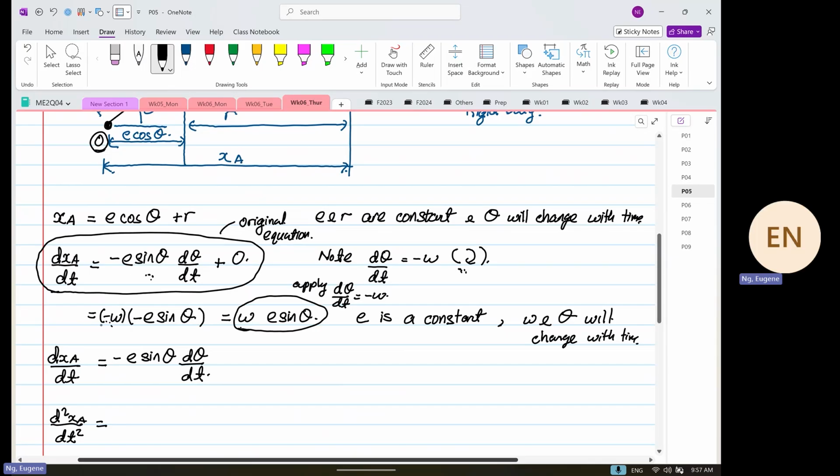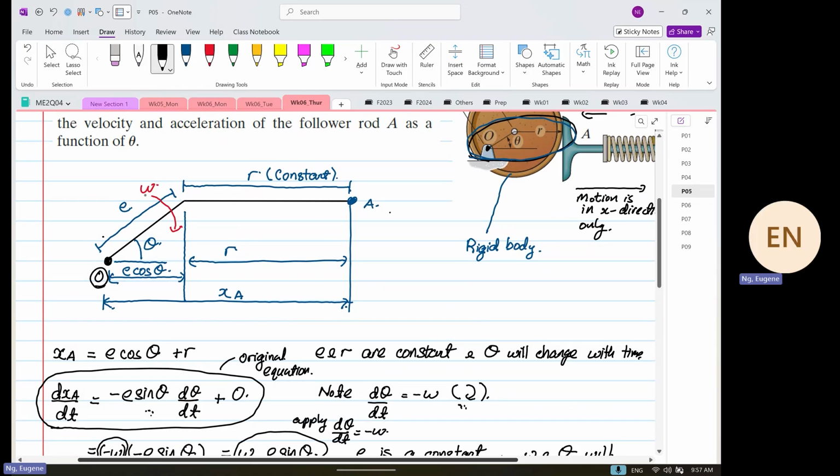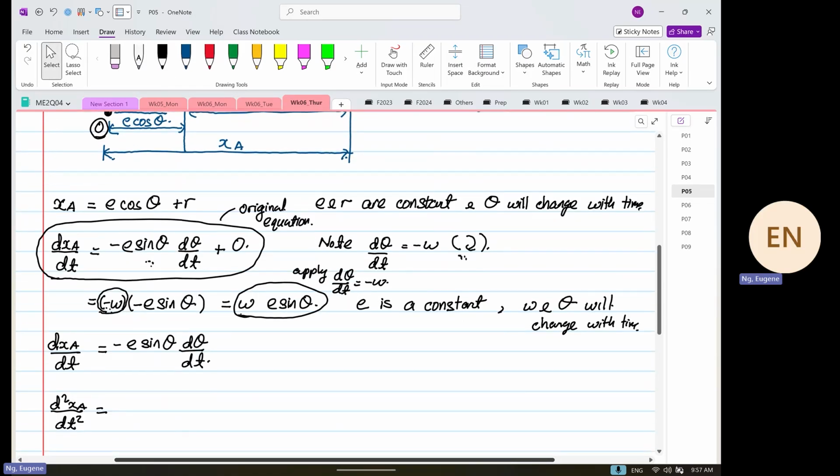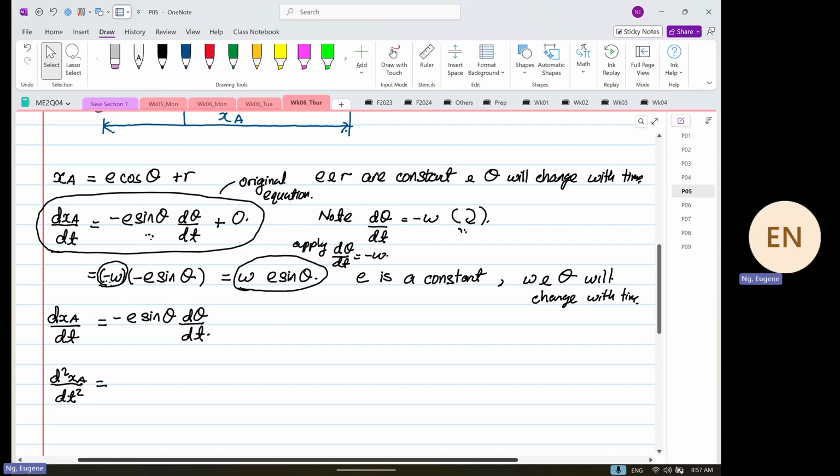When you apply to the real world, you put in the what? Minus omega. Why minus omega? Because this is going in what direction? Clockwise direction. So when you take the second derivative, you don't take it from here. You take it from the original equation. Are we clear?